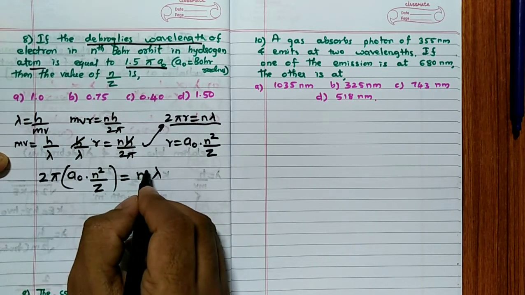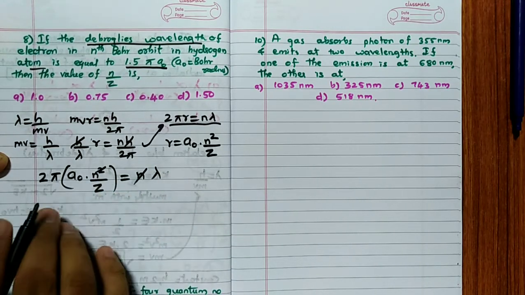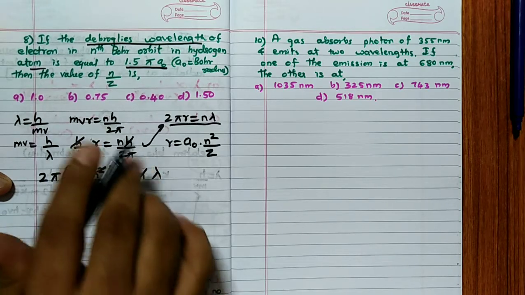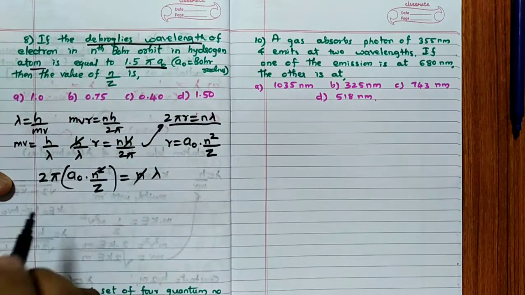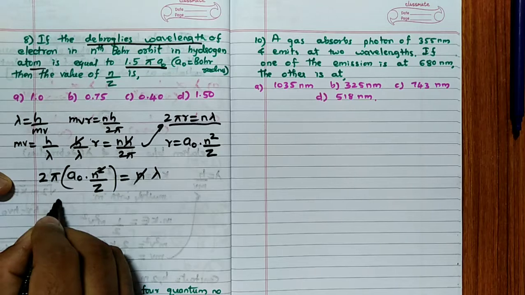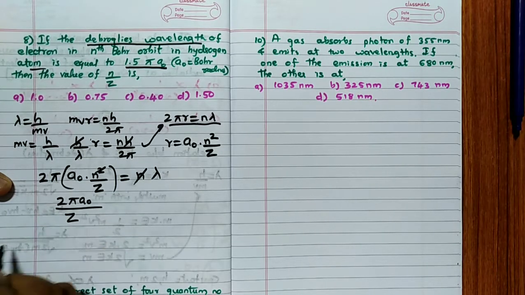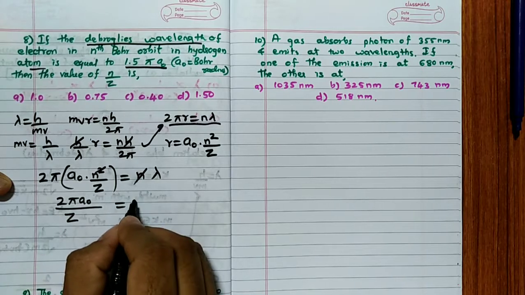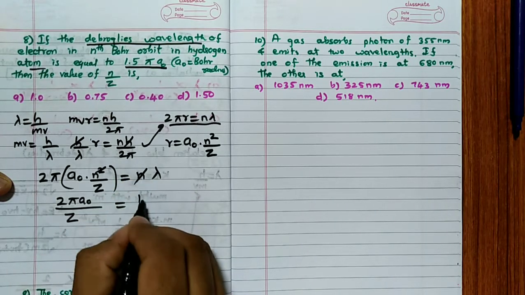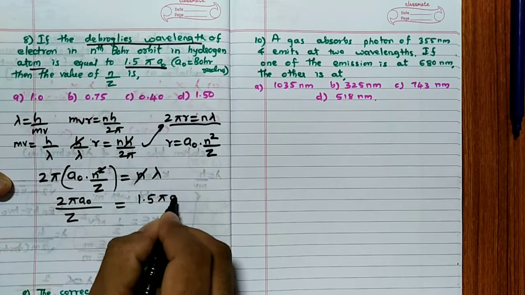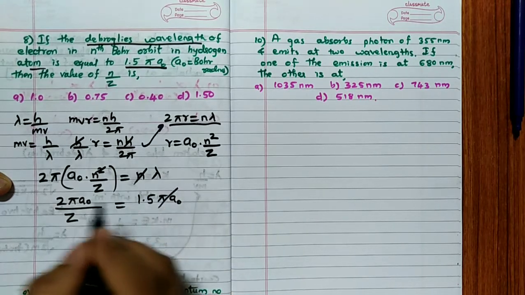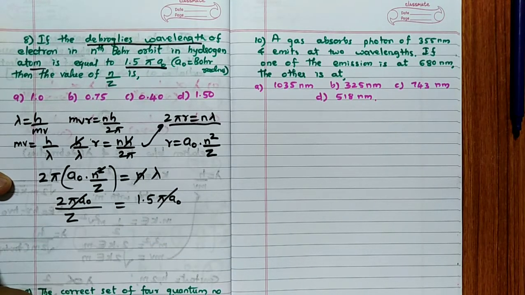So what gets cancelled? n and n get cancelled. Correct? Now you put the lambda value. Lambda value how much? 1.5 pi into a naught. You substitute that. So I will write like this: 2 pi a naught divided by z is equal to, here lambda value is 1.5 pi a naught. So pi a naught gets cancelled. Correct?